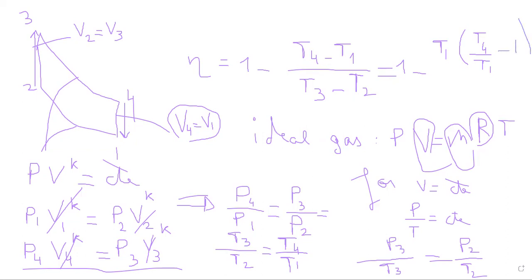Okay, and for the denominator, let me take T2 as factor. So I will have T2 factor, T3 over T2 minus 1.